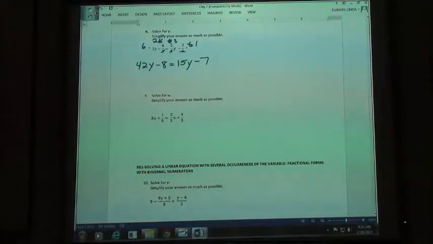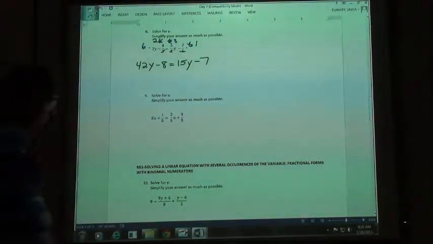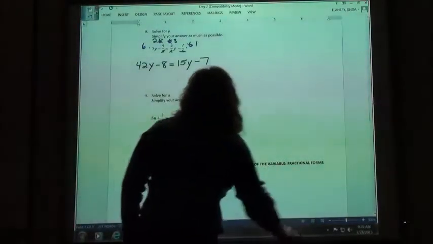So 42y minus 8 equals 15y minus 7. So I want to solve that.